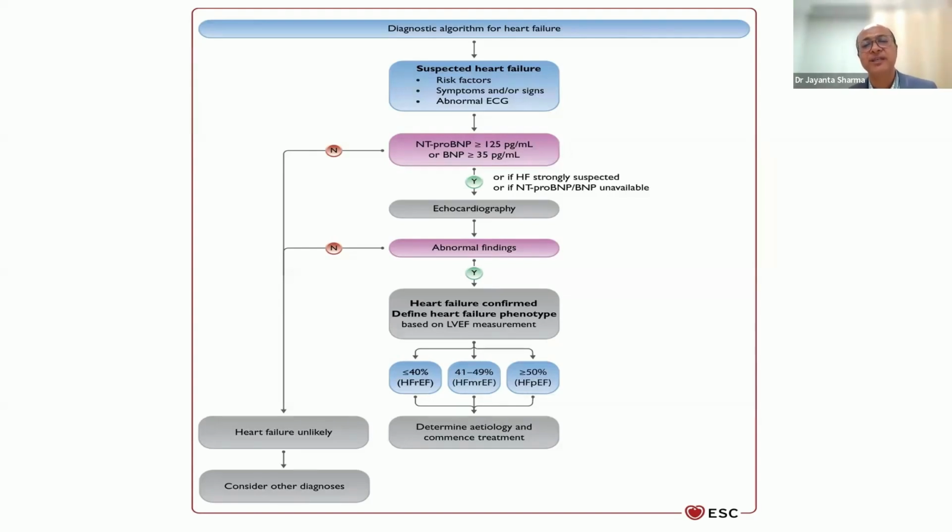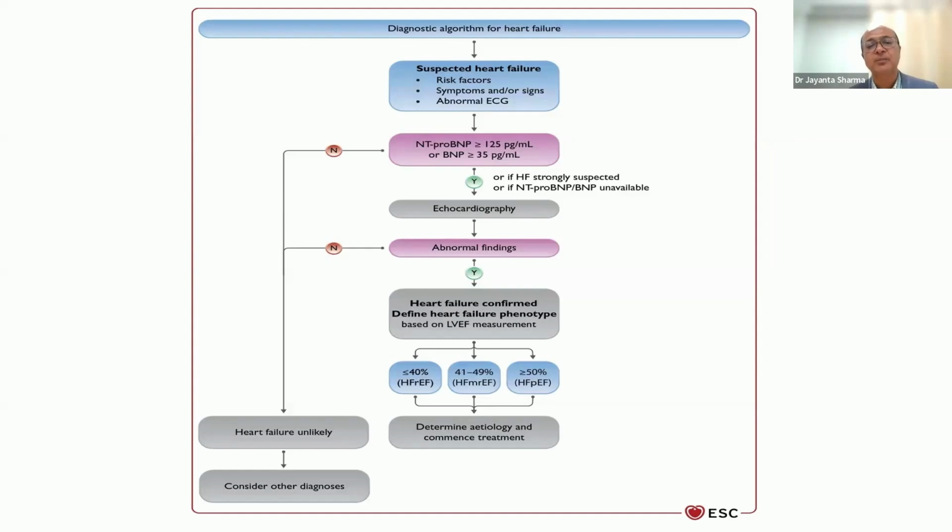The most important investigation we usually send inside the ICU is NT-proBNP. If the NT-proBNP is more than 125, it strongly suggests the patient may have heart failure. Number one. Second, the investigation of choice for heart failure inside the ICU is bedside echocardiography. And in clinical signs, sometimes we find abnormal findings like hepatomegaly, raised JVP and so on.